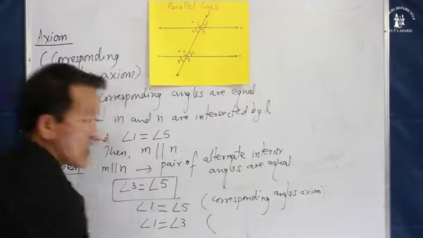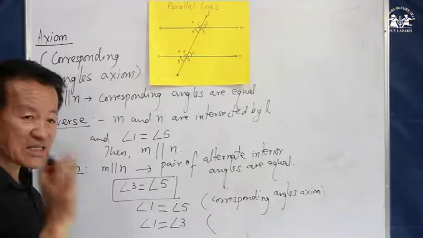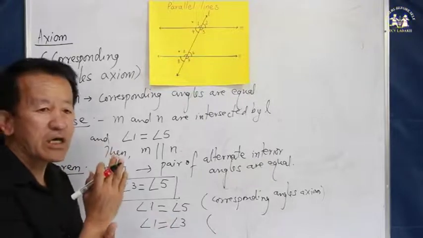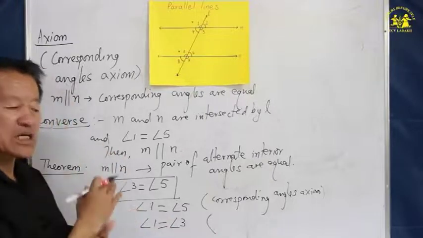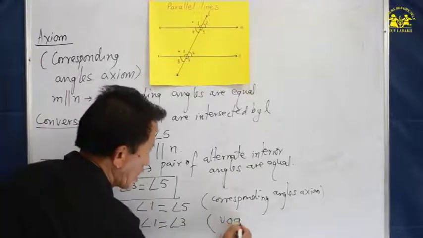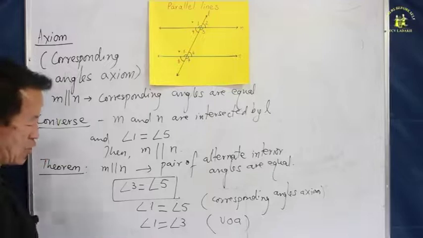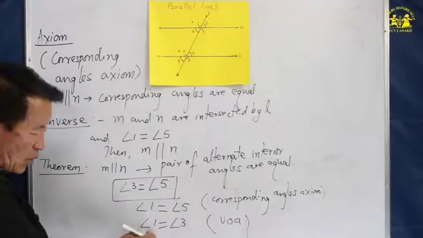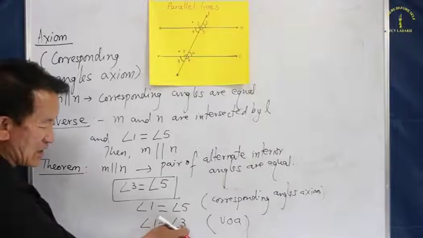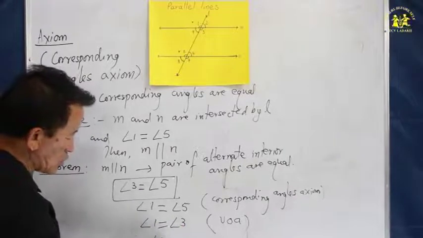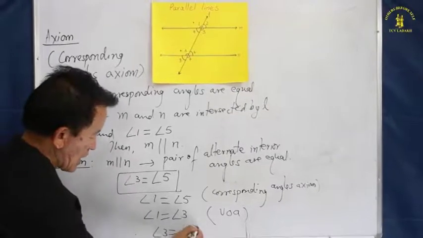Because in the property of intersecting lines, we discussed that if two lines intersect each other, then the pair of vertically opposite angles are equal. So angle 1 is also equal to angle 3. Therefore, angle 3 is equal to angle 5.